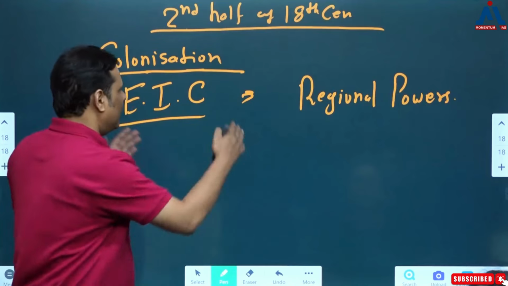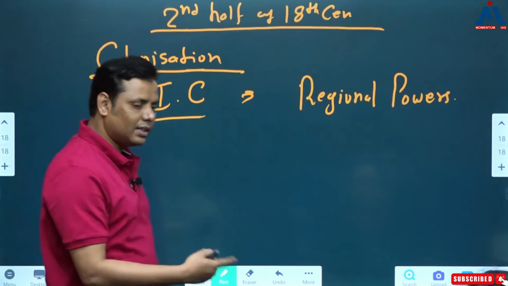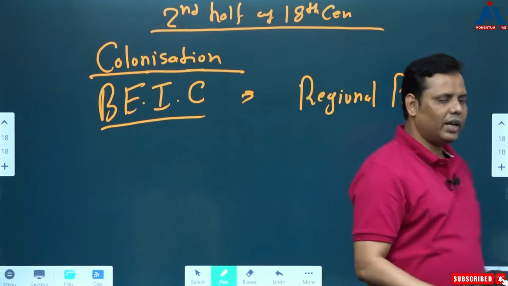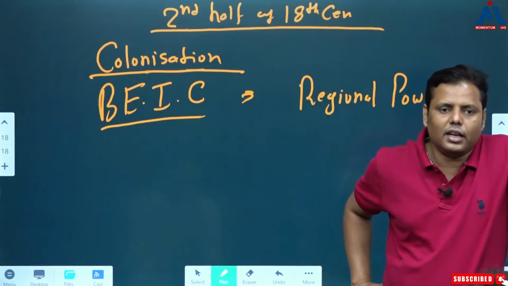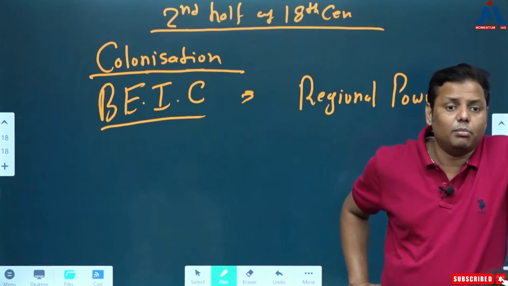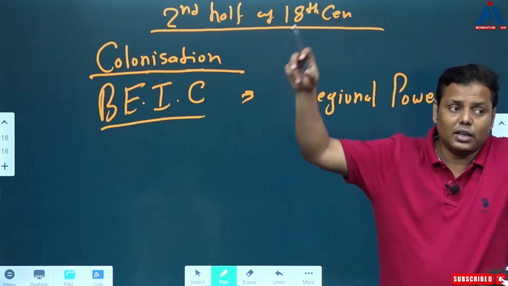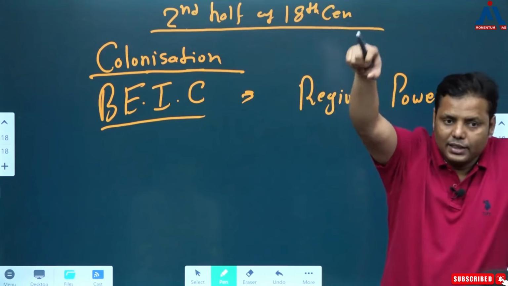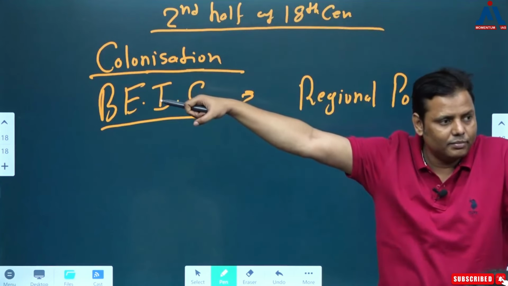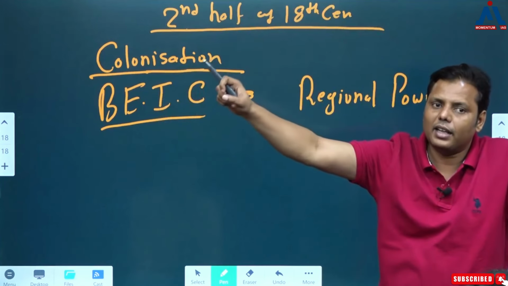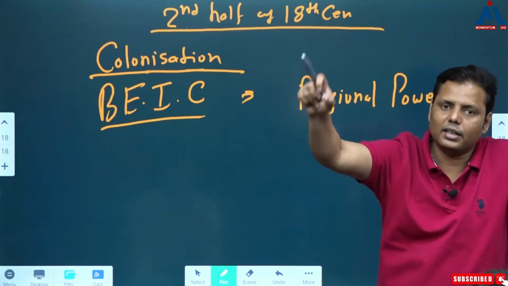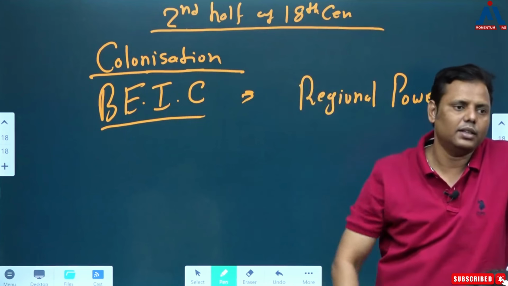So basically in the second half, the process of colonization started, though it was not completed. In 1803, the English East India Company had a tie-up with the Marathas, because Delhi was under the control of the Scindias, and Scindia signed a treaty with the British East India Company. That's how indirectly the Company started exercising control over Delhi.